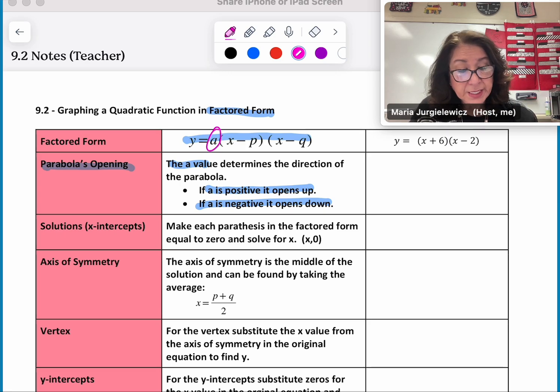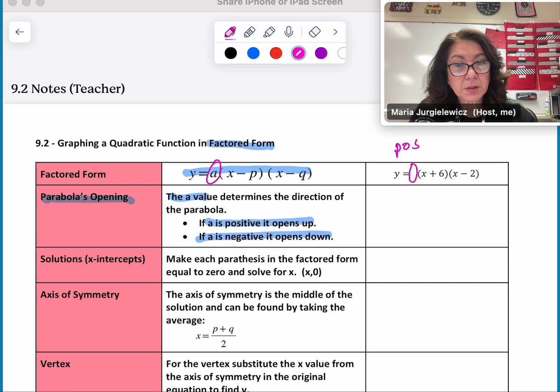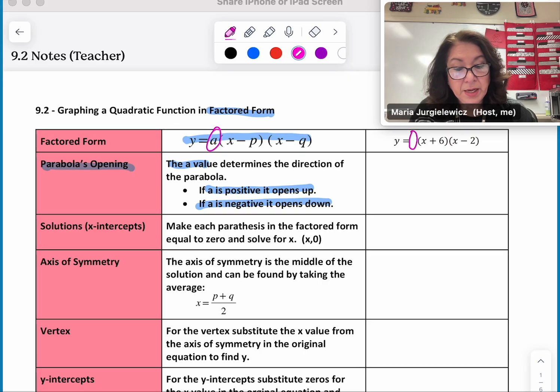There are my factors, the parentheses, and what's out in front. If there's nothing there, a positive 1 is understood to be there, and if that's the case, this is going to open up.